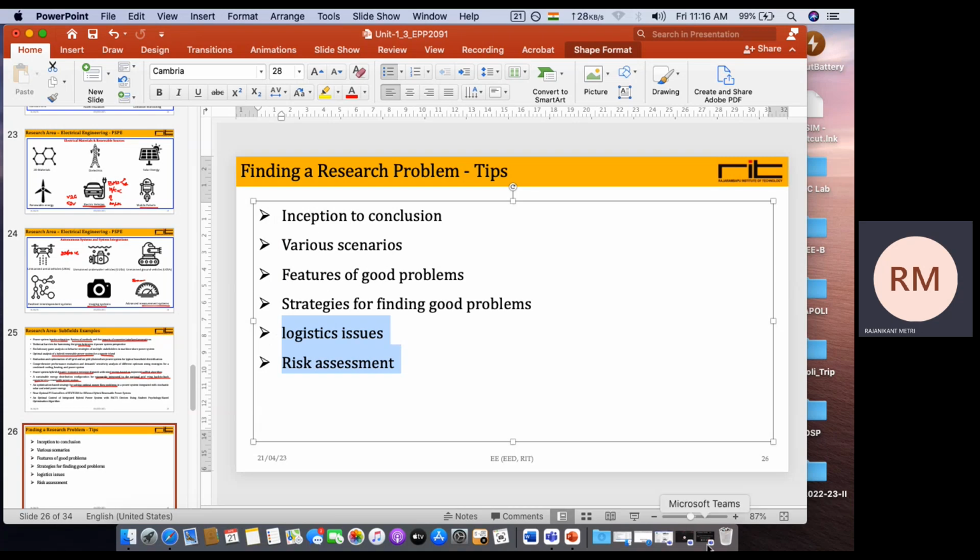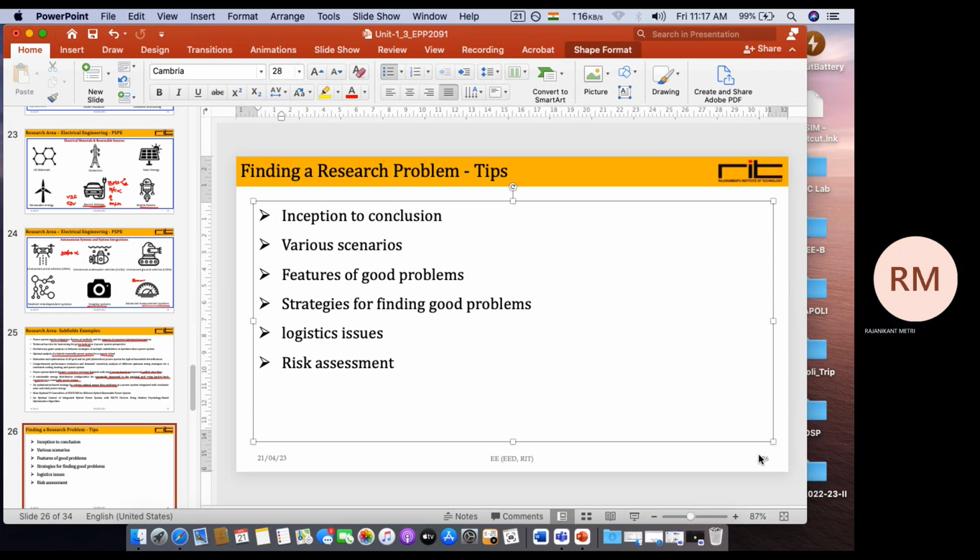These are some major points we will discuss in this session through some examples and demonstrations. And what are the resources available while doing this? We will also see those examples. So we'll stop here and continue with these six points in the next session.